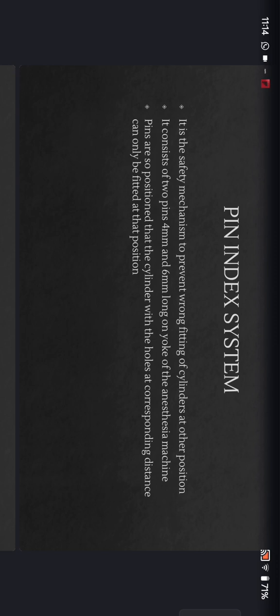The pins are positioned so that only cylinders with holes at the corresponding distance can be fitted at that position. If a wrong fitting happens, there will be cylinder leakage, and wrong fitting can lead to accidents. That is why the pin index system plays the main role.